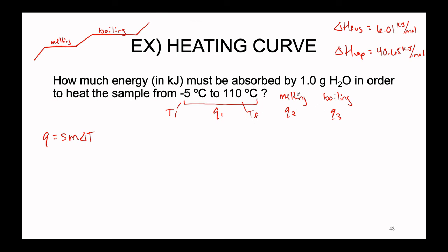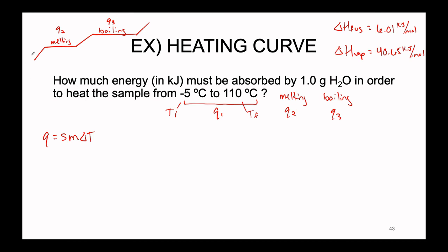Because we are going to be calculating the heat exchange of the melting and boiling separately, we can pull out these other sections and calculate our Q2 and our Q3 separately, right? That's literally what we're doing here, is we're considering the processes of melting and boiling in different calculations.